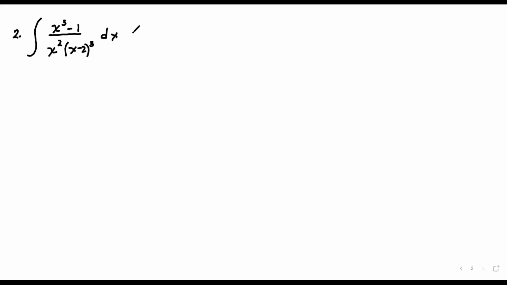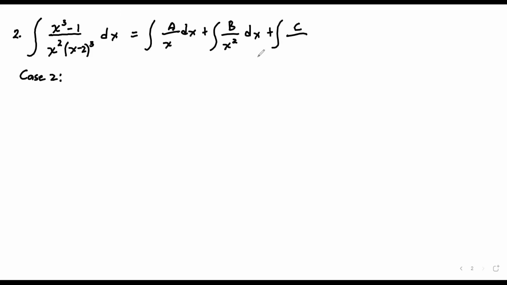You separate them. So, applying case 2, we'll have integral of A over x dx plus the integral of B over x squared dx plus the integral of C over x minus 2 dx plus the integral of D over the square of x minus 2 dx plus the integral of E over the cube of x minus 2.